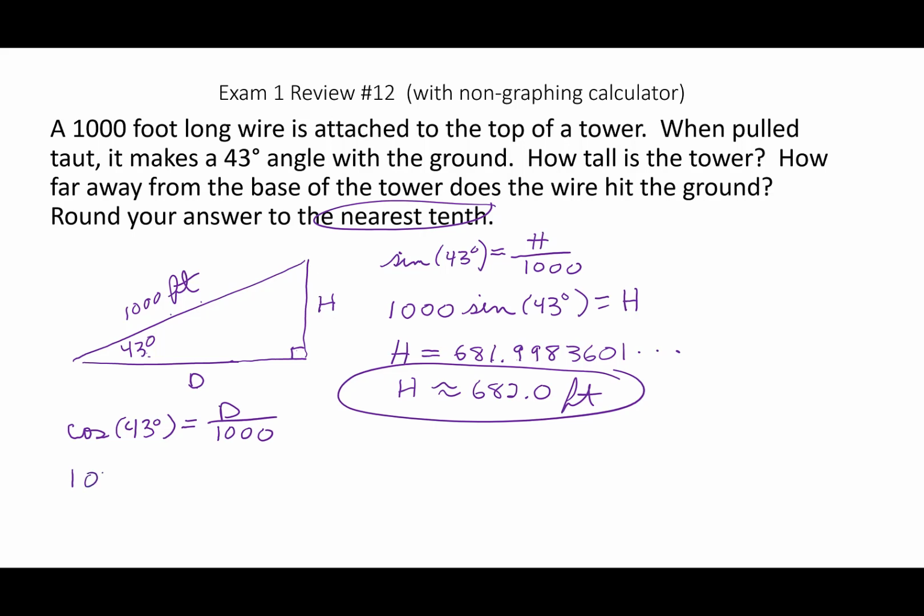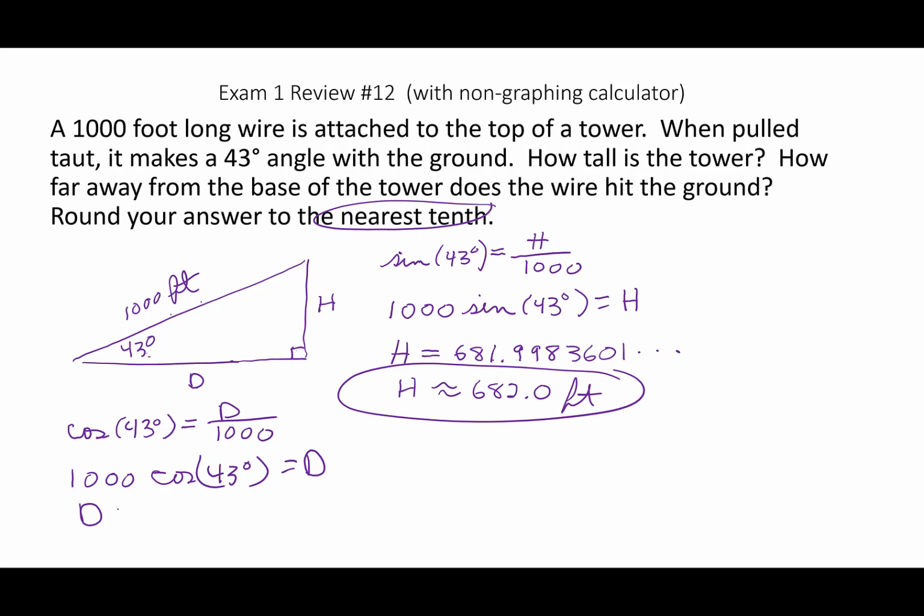Multiplying through by 1,000, we get 1,000 times the cosine of 43 degrees equals d. By the way, make sure your calculator is in degrees. When I tried this just a minute ago, I had my calculator in radians, and it will give you some really weird answers. In fact, if you do get weird answers when you're taking an exam, go back and make sure that you're in the right mode, either degrees or radians.